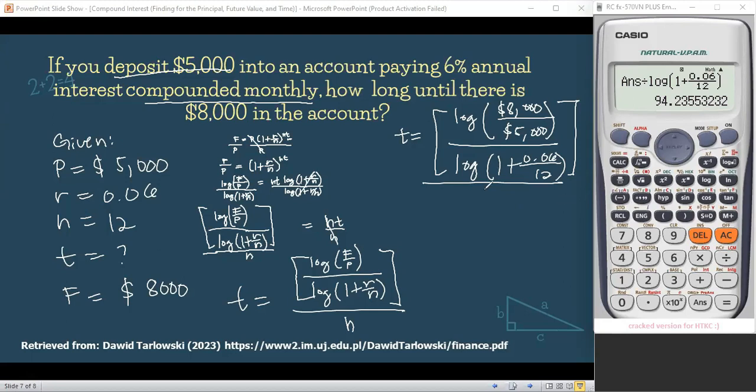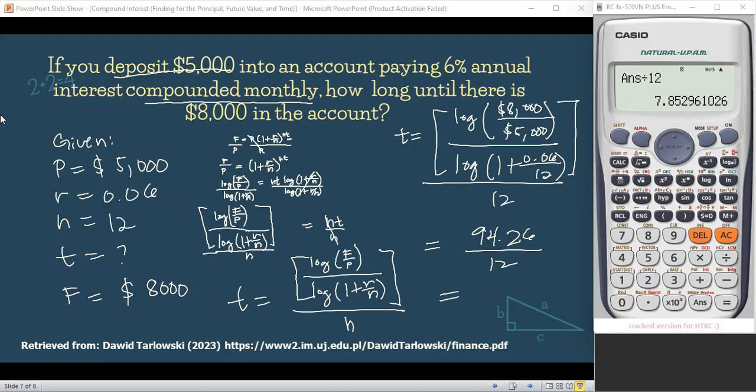So this is 12 is equal to 94.26 divided by 12. So kapag dinivide po natin yan by 12, the answer is 7.85 approximately.